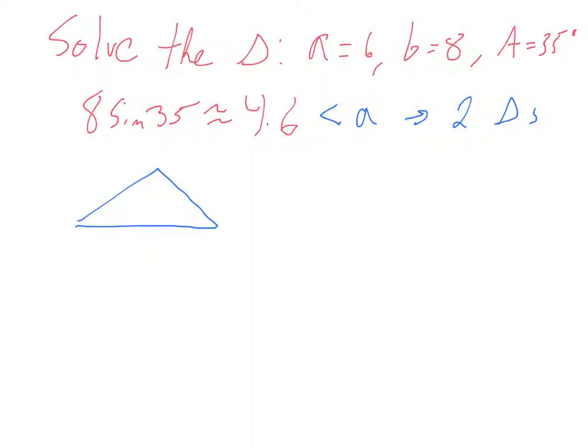Right? And the reason for this, and once again, I'll try and do the stuff that we know in blue and the stuff that we don't know in red. So the reason for this, right, is here's our 35-degree angle.